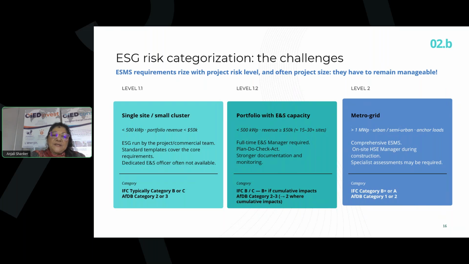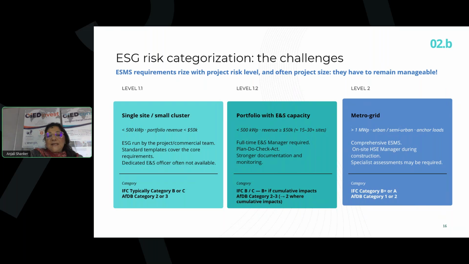And very often, a dedicated environmental and social officer is not available. In this case, we would be basically targeting a risk category C, which is a low category, where we can avoid having deep specialist analysis and having safeguards which can be quite costly.